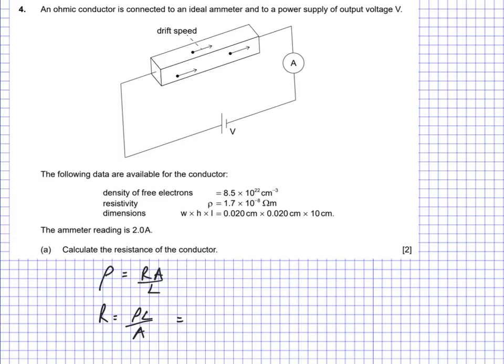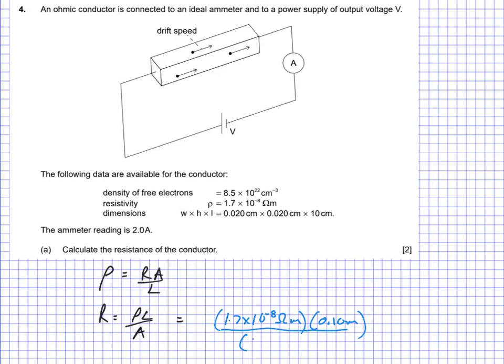So let's put the values in. What do we have? Well, resistivity is 1.7 times 10 to the negative 8 ohm meters. We've got the length, which is 10 centimeters, 0.10 meters, divided by the area, which of course is the cross-sectional area.